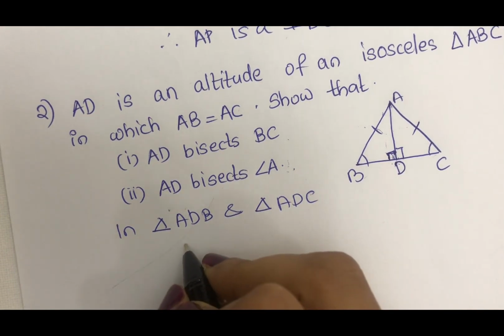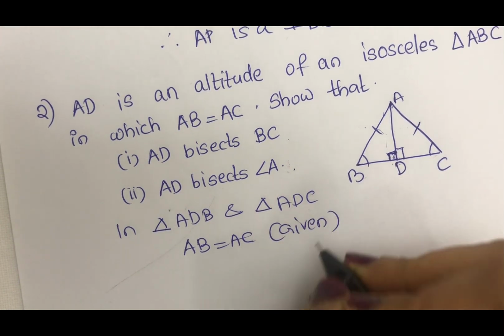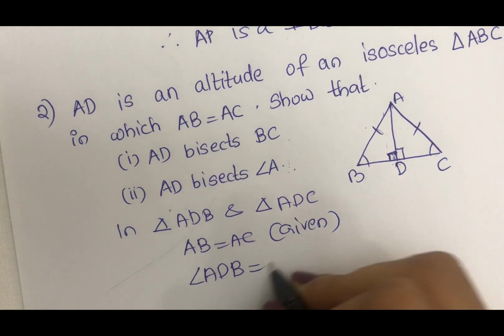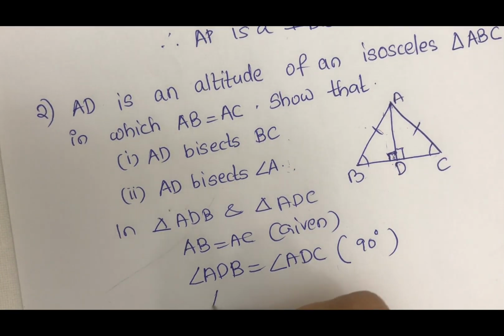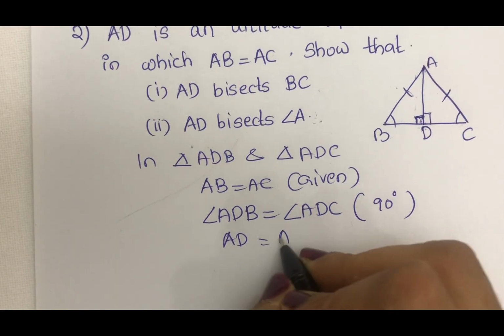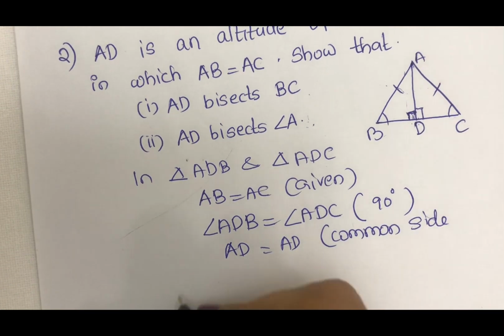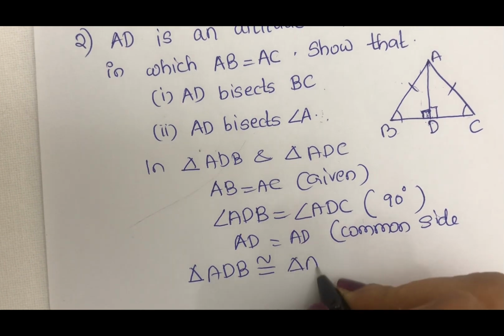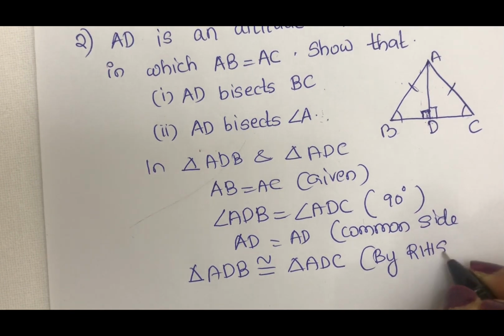In triangle ADB and triangle ADC, AB is equal to AC, given. Angle ADB is equal to angle ADC, 90 degrees. AD is equal to AD, common side. Therefore, triangle ADB is congruent to triangle ADC by RHS congruence.